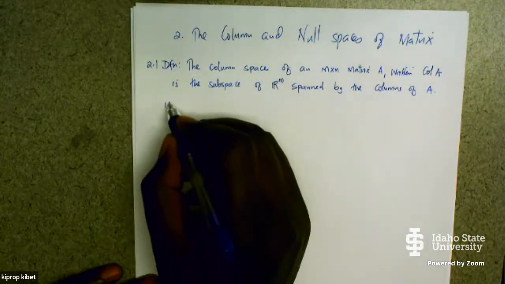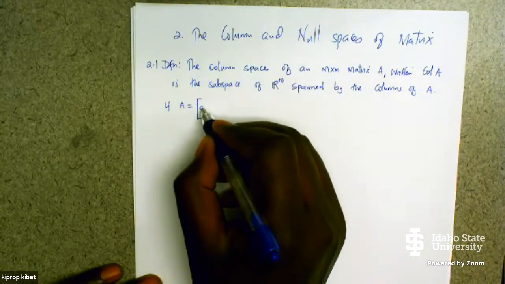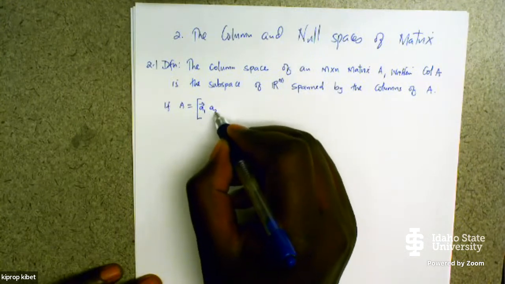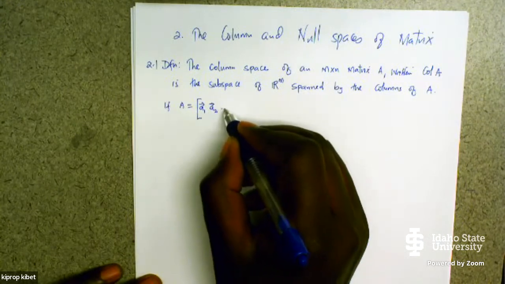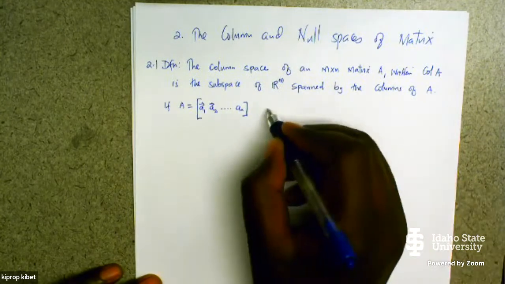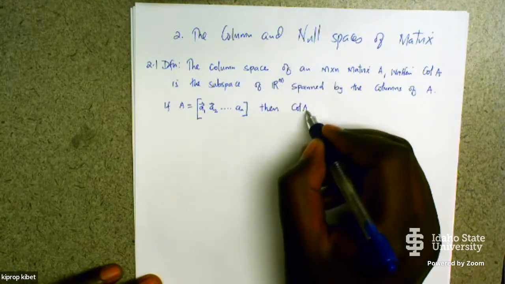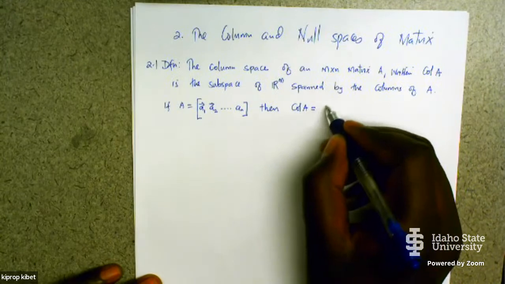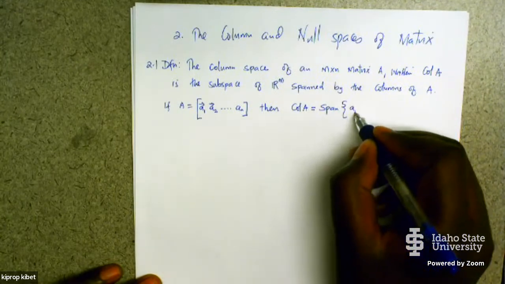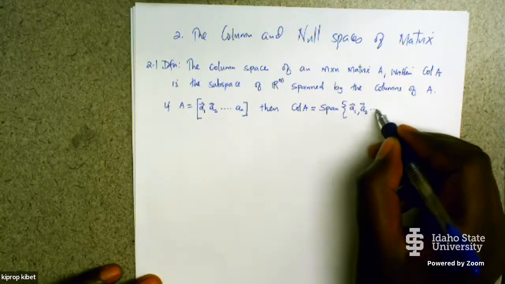Now, if A equals [a1, a2, all the way to an], then the column space of A equals the span of a1, a2, all the way to an.